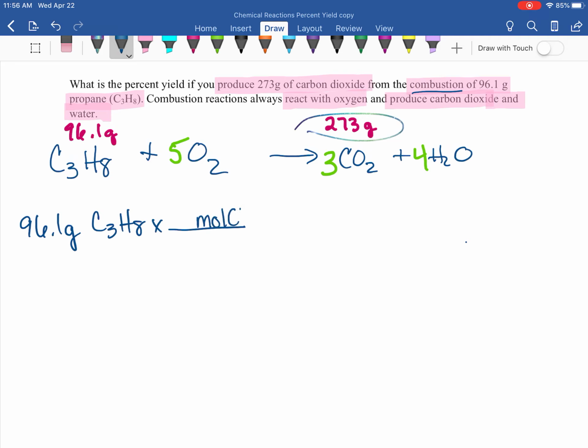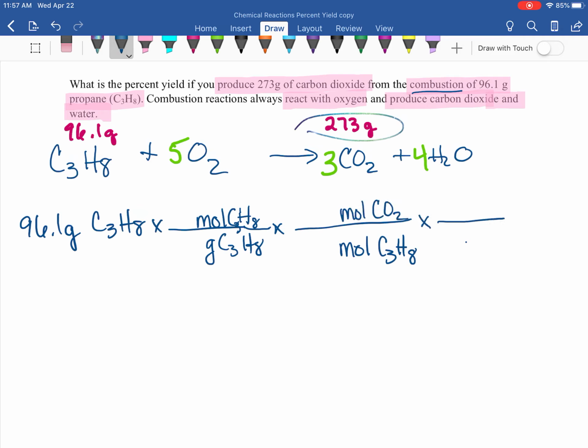Now this we already know how to do. Let's take our 96.1 grams of propane. Let's convert it to moles. Okay, let's use our mole ratio.